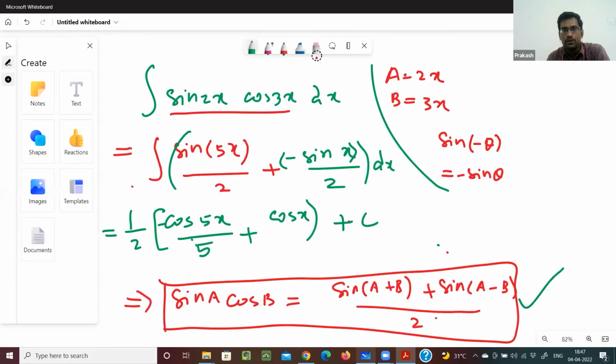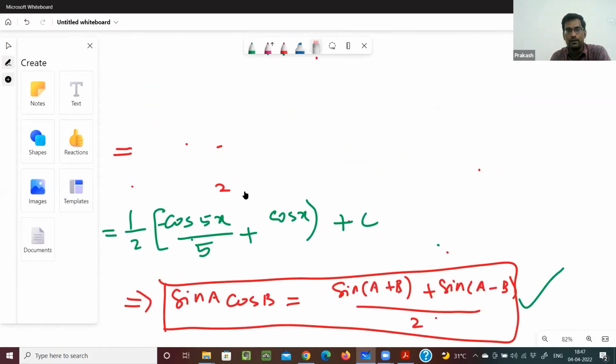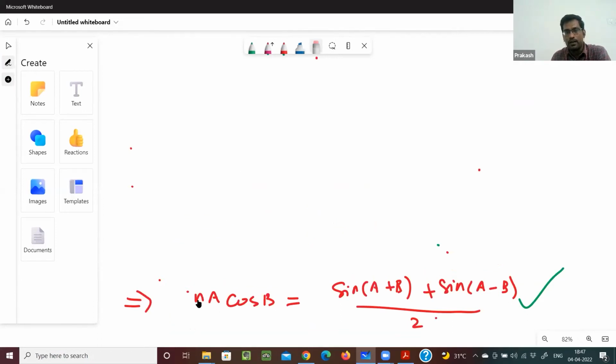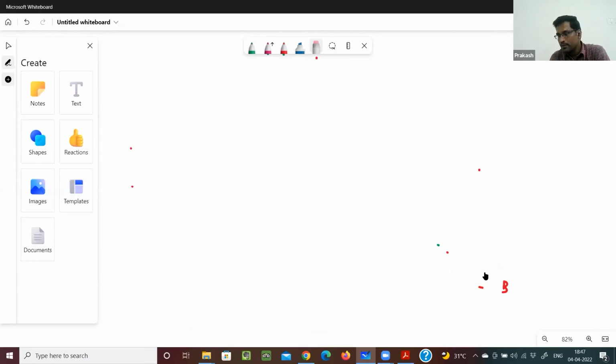So again we will come to the whiteboard. Here I will explain how we can evaluate this integral, because that is also easy, not a difficult one. So the integral of sine cube x, cos square x.